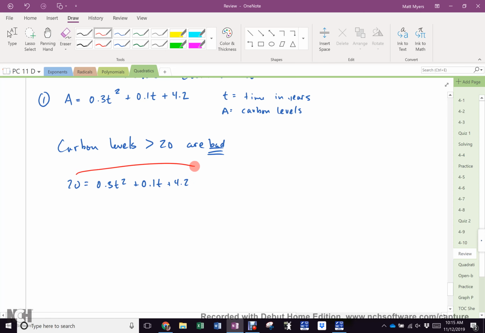We're going to move it over here. And now we've got 0 equals 0.3 t squared plus 0.1 t what? You can use your calculator for that tricky addition and subtraction, ladies and gentlemen. What is it going to be? Negative 15.8.